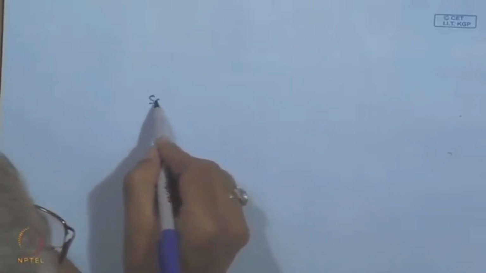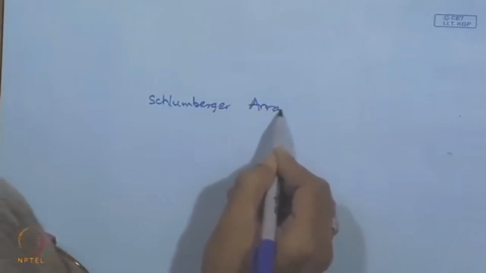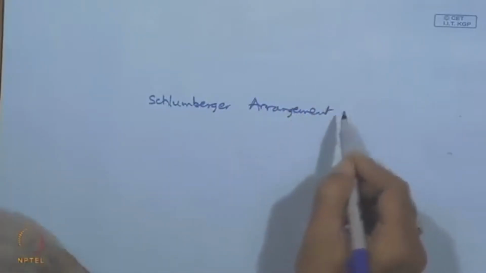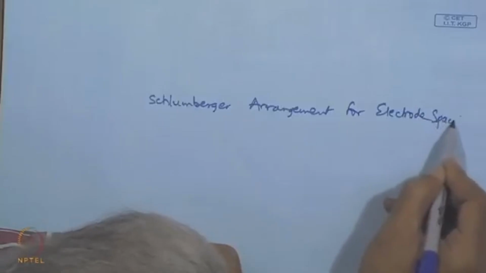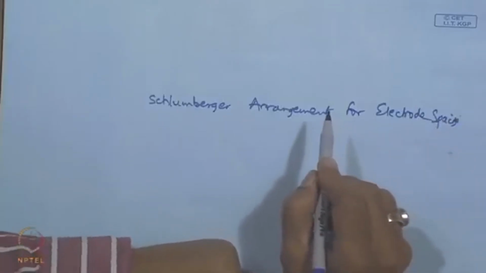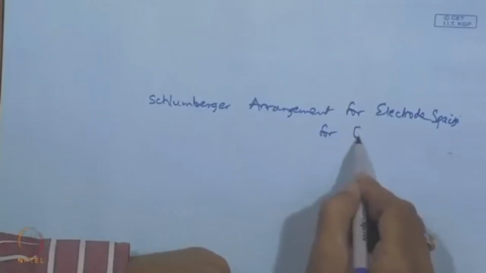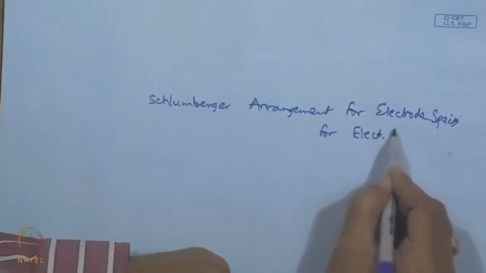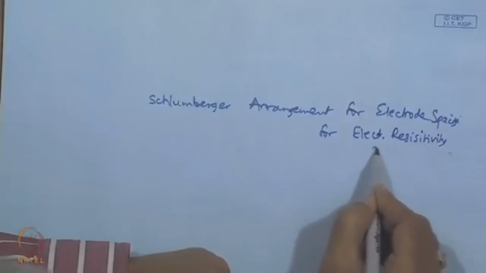Now let us discuss the Schlumberger arrangement for electrode spacing for this electrical resistivity determination.